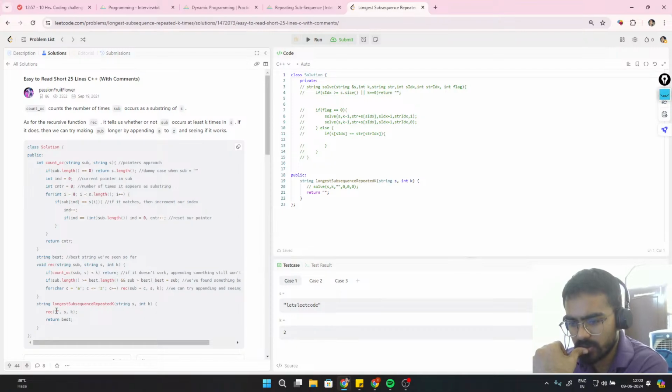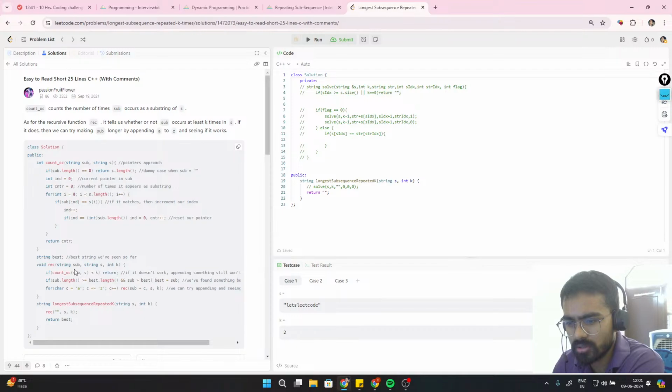Now recursion: I have an empty string, I have s, I have k. I have a best string that we can see so far.